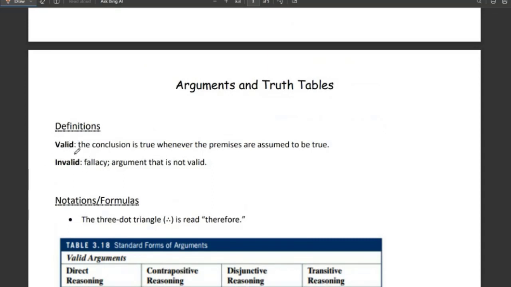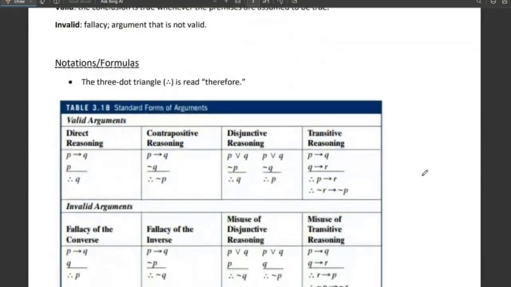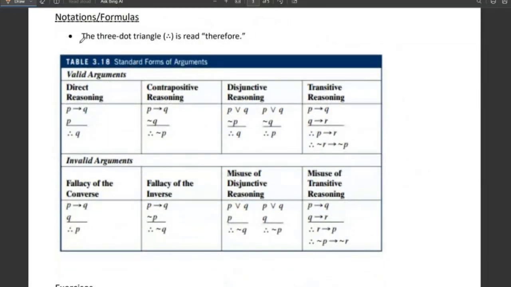So valid, it says that the conclusion is true whenever the premises are assumed to be true. And then invalid is an argument that is not valid. So this little table is basically a cheat sheet to tell you if an argument is valid or invalid.